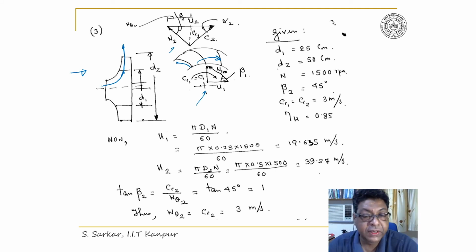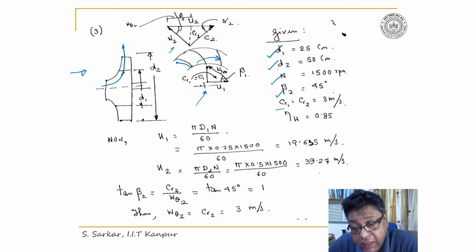Now look at what data are given here. D1, that is the inlet diameter of the impeller, is 25 centimeter, D2 is 50 centimeter, N rotational speed is 1500 rpm, and beta 2, the exit relative flow angle, is 45 degree with respect to tangential direction.